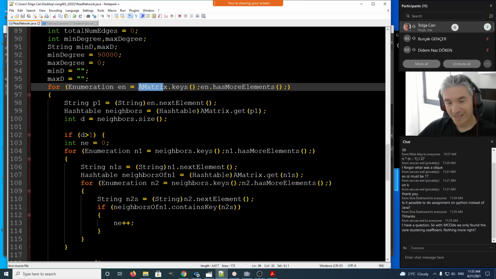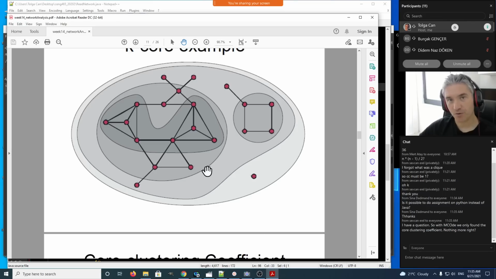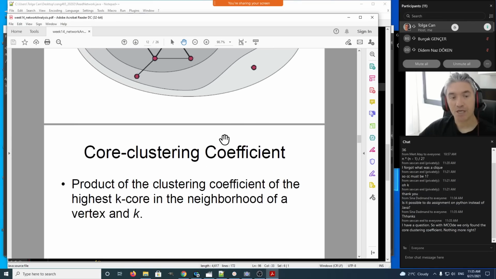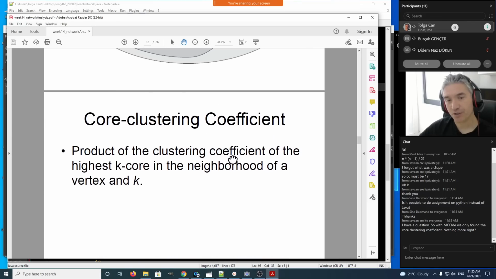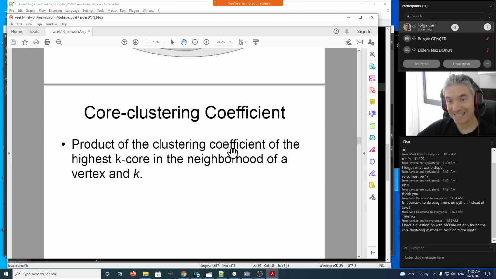With MCODE right now, at the moment, we found the core clustering coefficient exactly. But the algorithm, which I'm going to continue talking about on Thursday, uses this core clustering coefficient as a way to find the clusters too. Right now, we only found the core clustering coefficient for all of the vertices in our graph.